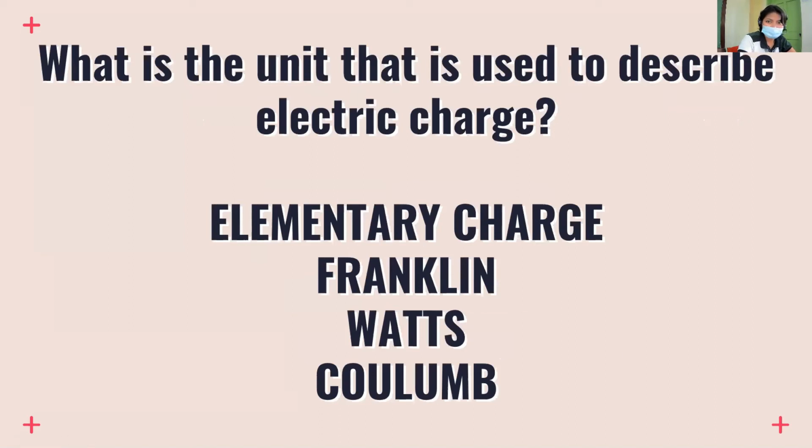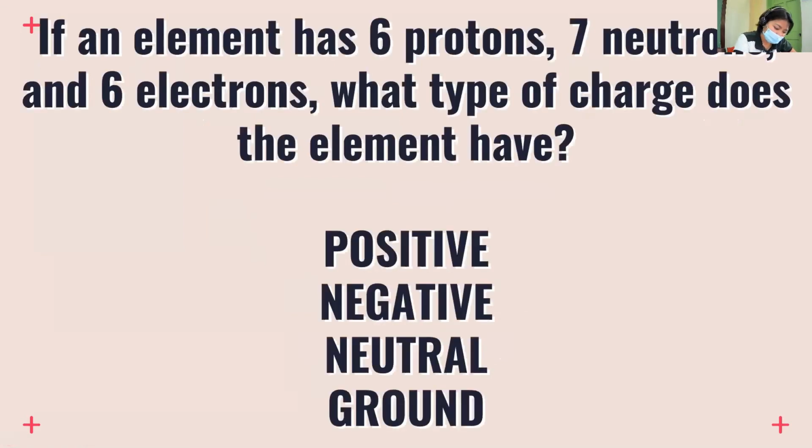Okay, number 5. If an element has 6 protons, 7 neutrons, and 6 electrons, what type of charge does the element have?